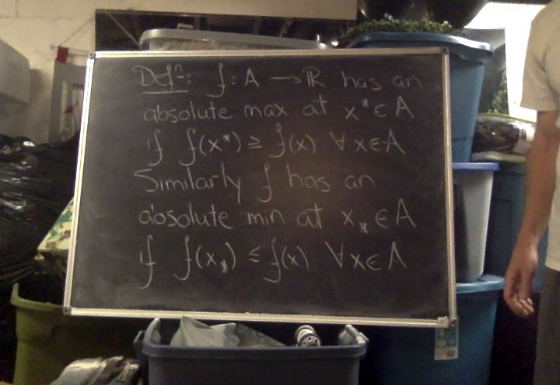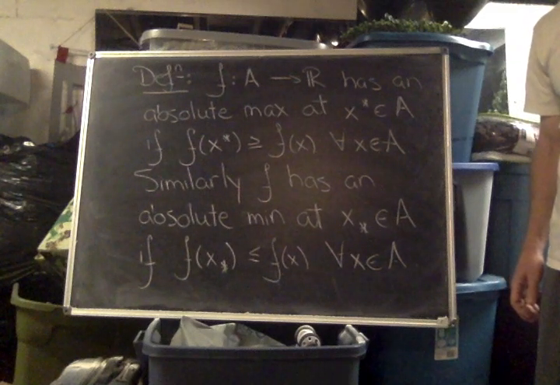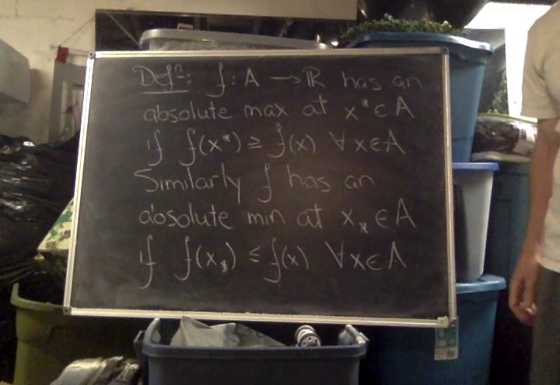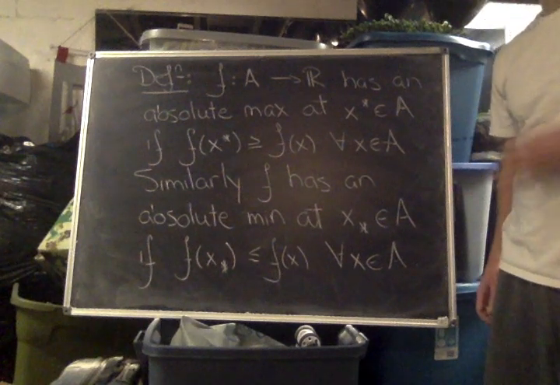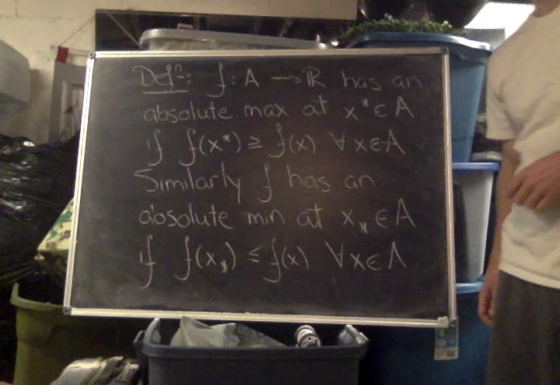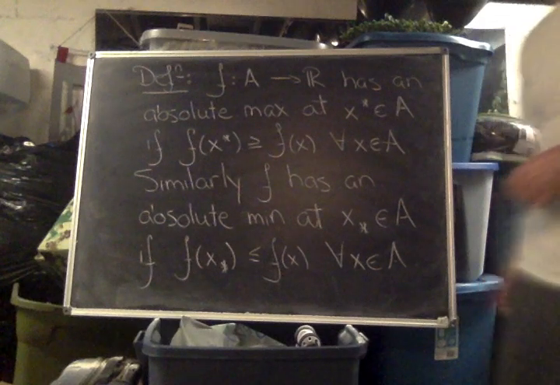So it's a point at which the value of the function is smaller than or equal to every other possible function value. All right, so those should be familiar concepts to you from first year calculus, say.